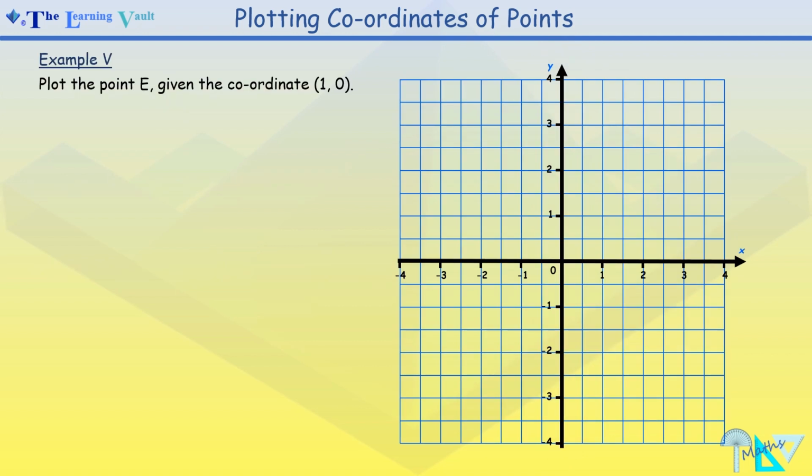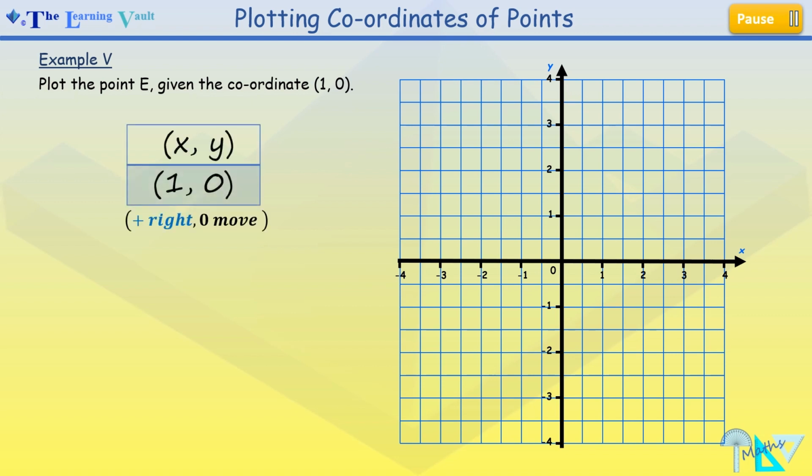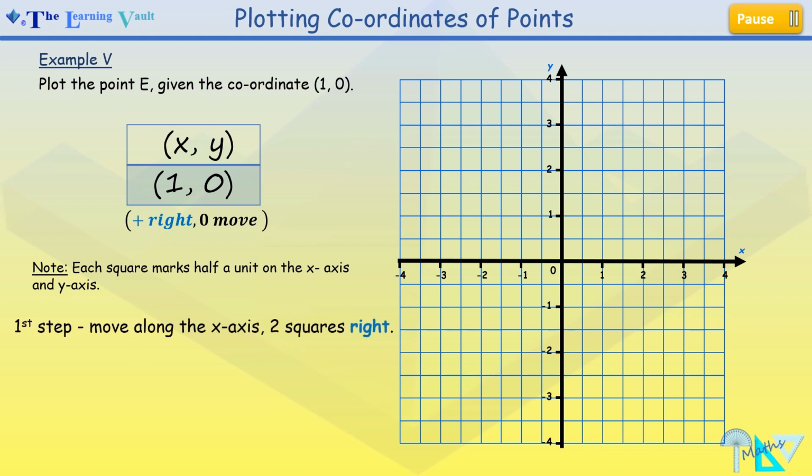Now, example 5. Plot the point E, given the coordinate 1 and 0. You can pause and have a go. Maintaining the 3-step system we've been using for the previous examples, our first step is to move right on the x-axis to get to number 1.